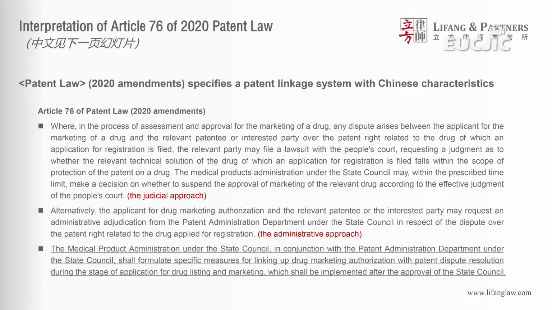In order to take advantage of this system, the patentee can take two approaches. First, the judicial approach, and second, what we call the administrative approach, where they bring the case before the Chinese Patent Office. Later I will explain this. You see the third paragraph: the patent law requires two agencies, the Chinese FDA, the NMPA, and the Chinese Patent Office, to fill in all the details.